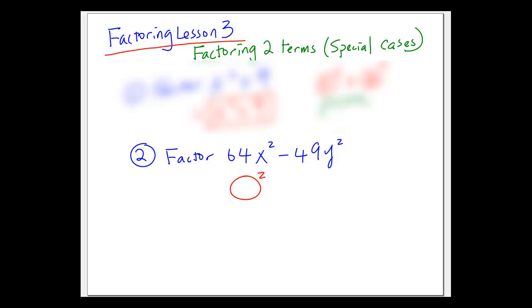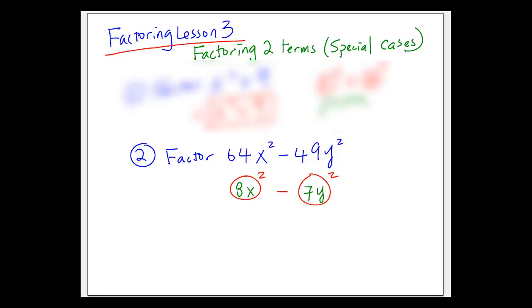Is it some square minus some other square? So we can think 64, what square would be 64, and it's actually 8. And x times x would be x squared, so 8x squared will give me 64x squared. And the second part, we are thinking what square would be 49, and it would be 7y. So 7y times 7y will give me 49y squared.